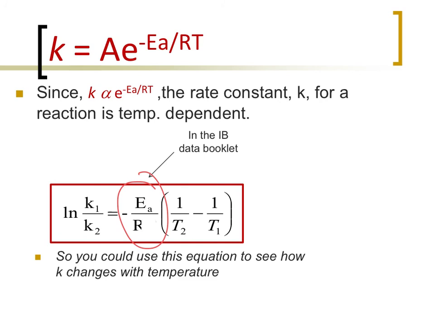Keep in mind it was over T, so if we're trying to look at how K changes with temperature, we want to keep T in the bottom, but we can look at final minus initial. Remember that K was temperature dependent, so we would plug in the K for our first temperature and our K for our second temperature, and then use this to solve and see how it changes with temperature. So if you have a delta T, this would be the version of the formula that you would want to use.